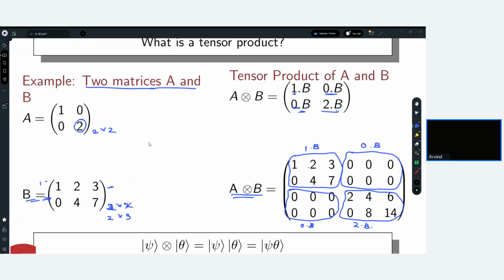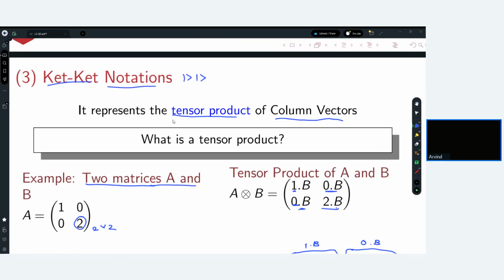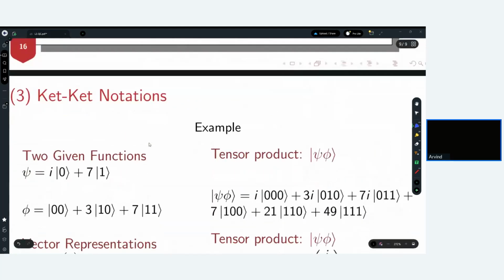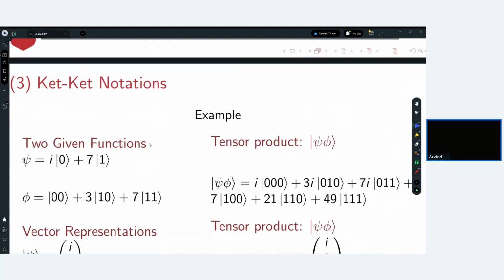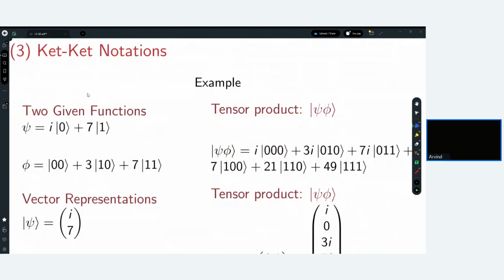The ket notation is used to represent a tensor product of column vectors. Let us take the example through ket notations now. Here the first, psi, is a function where i times ket 0 plus 7 times ket 1. The second is the phi function, with ket 00, 3 times ket 10, and 7 times ket 1.